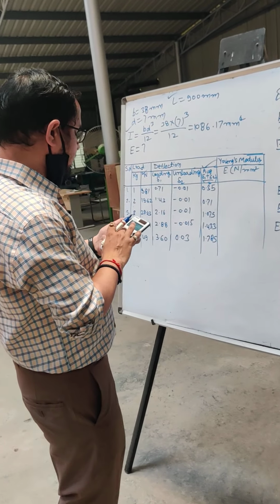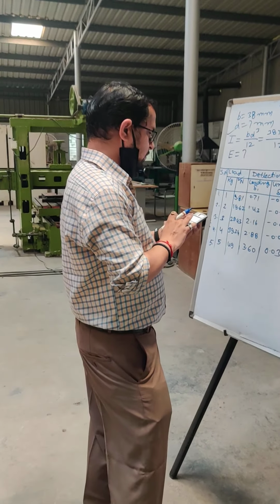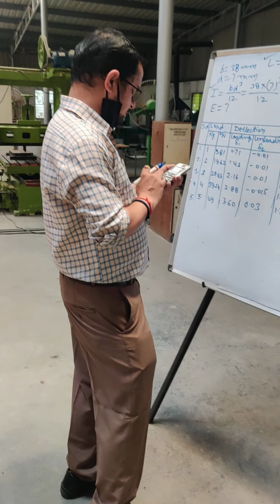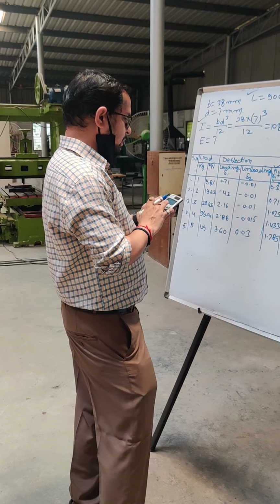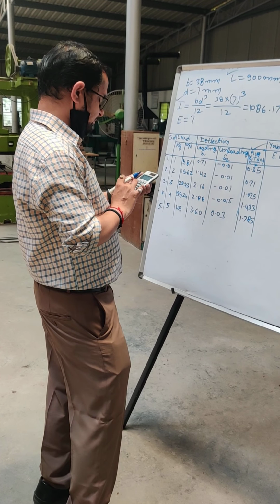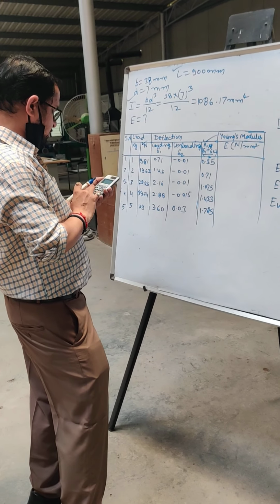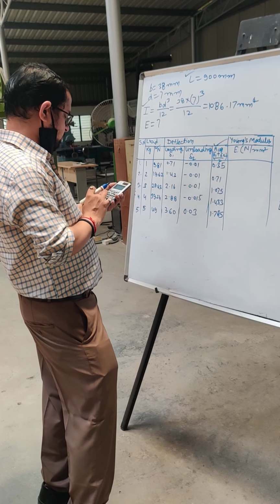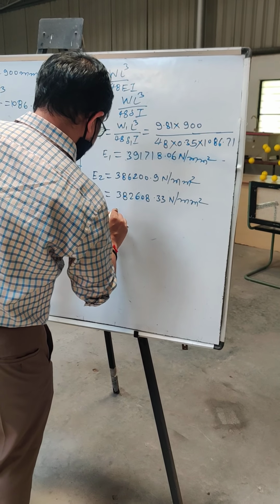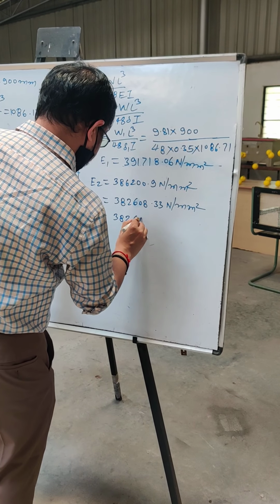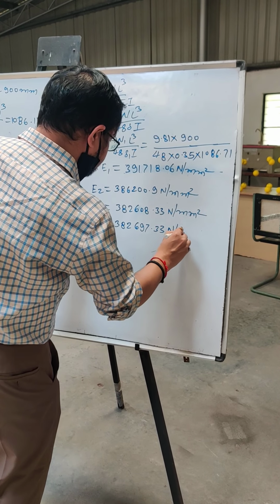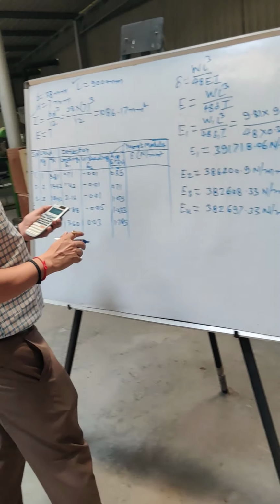For the E4 value, just change the load value and deflection value: 1.433 and the load value is 39.24. So that is 382,697.33. So you can see here every value is around 3 lakh.